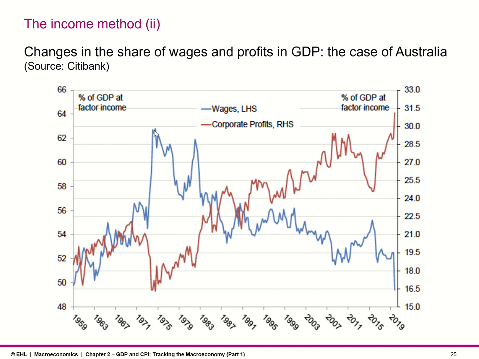That's how we would name this. But today, the blue line is below 50%. So we went from 62 to below 50%. We have an increasing share of profits and a decreasing share of wages in the economy.